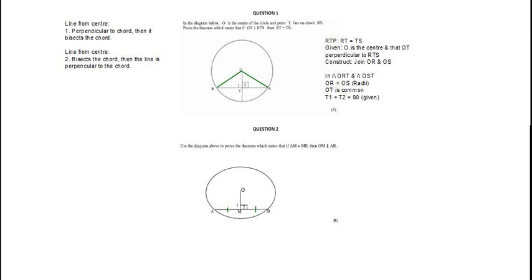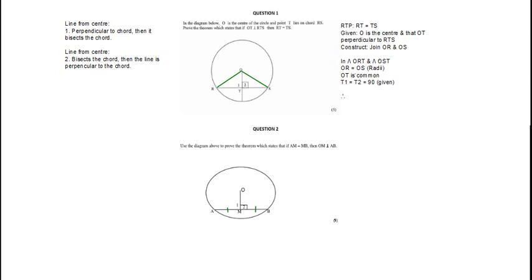Therefore triangle ORT is congruent to triangle OST, and I'm going to give the reason: I've proved the hypotenuse, which is the radius, the common side, and the right angle.